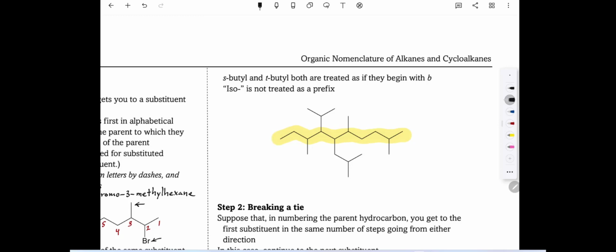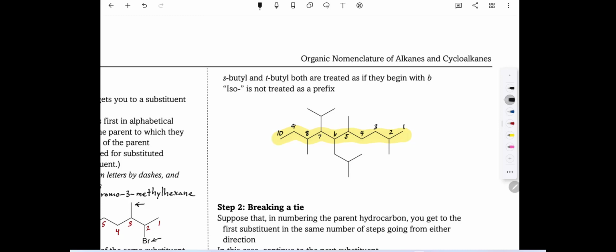The first substituent would be on carbon number 3 right here. And numbering from the right would get us to our first substituent on carbon number 2. So it looks like we're going to want to number from the right. So let's go ahead and do that. 1, 2, 3, 4, 5, 6, 7, 8, 9, 10. So my parent is going to be decane.